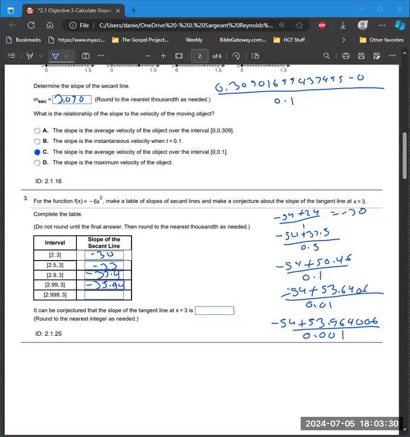That's going to be a negative 35.994, and we're getting closer and closer to a negative 36.